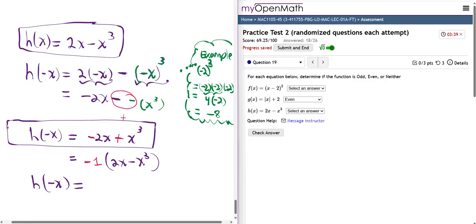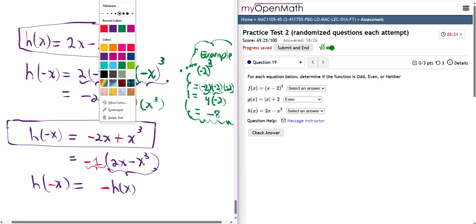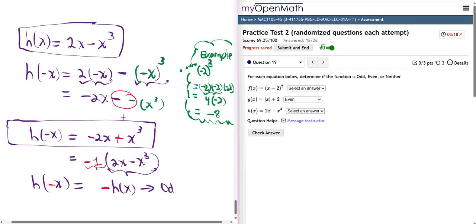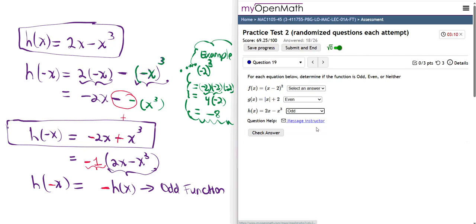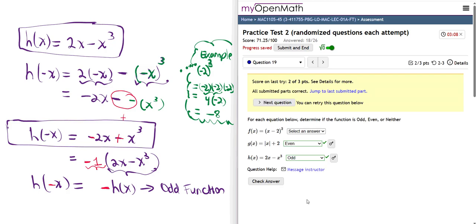So replacing this part right here with just h of x and putting that negative from here outside of it, you see this is fitting the definition of an odd function. So this is odd, an odd function. This one was neither.